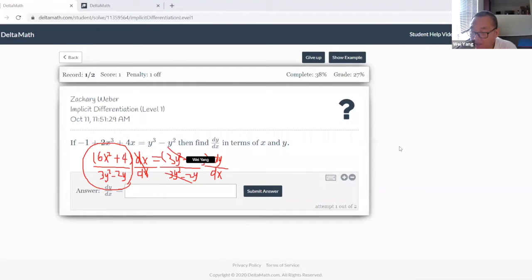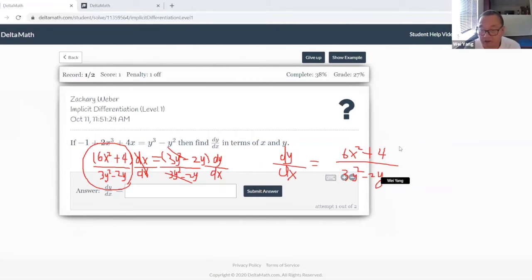Finally, we got dy over dx equals 6x squared plus 4, divided by 3y squared minus 2y. Okay, so this is the final answer.